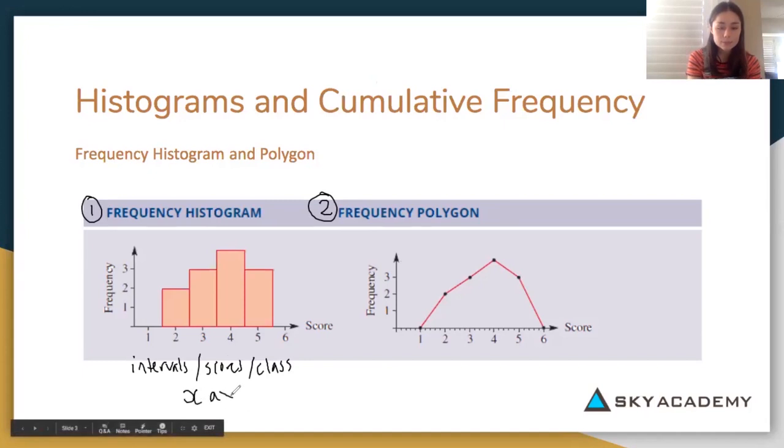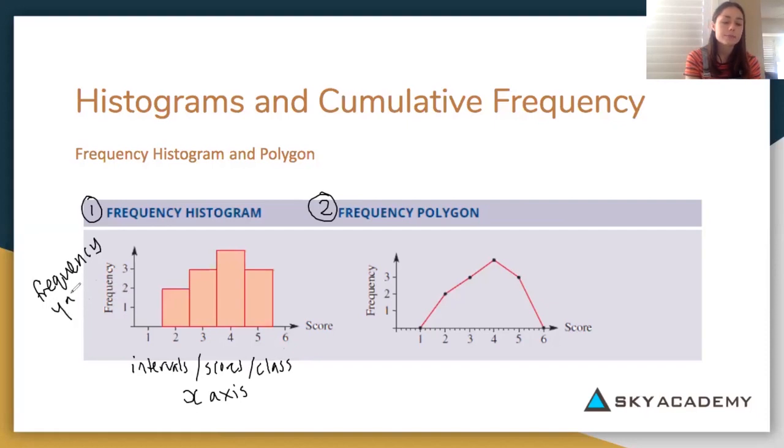And we graph this against the frequency of these interval scores or classes. Depending on how many times this occurs will depend on what the frequency is. And the frequency will always go on the y or vertical axis.